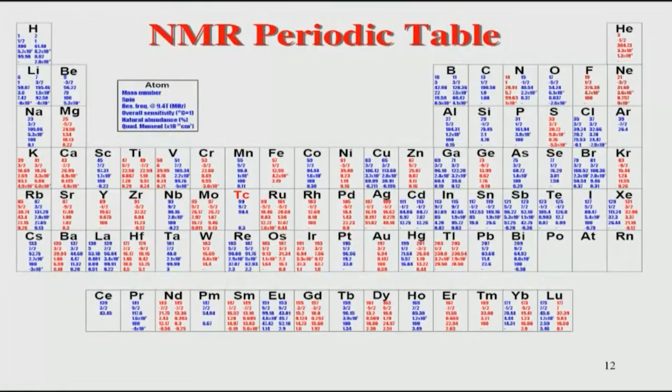Abundance basically means, in a given natural state, what percentage of a given isotope is present in that molecule. For example, carbon 12 is 99% naturally abundant, which means 99% of the carbon atoms in a molecule are carbon 12 and 1% are carbon 13.